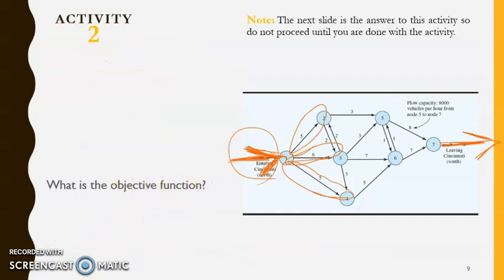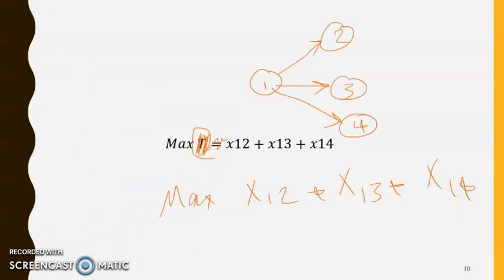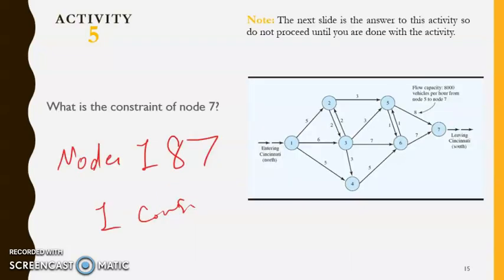What is the objective function? The objective function is x12 plus x13 plus x14. So you see the outflow of 1 is considered as the objective function. That causes some sort of tiny difference between this type of models and the previous ones.